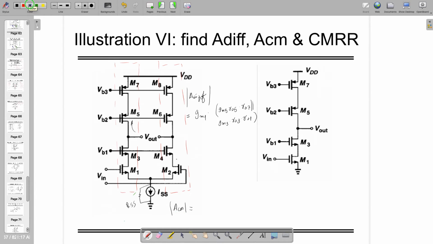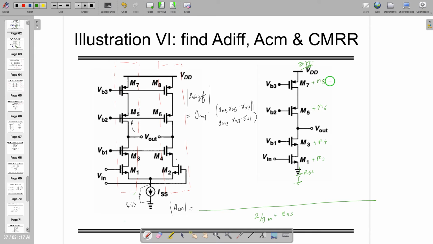Common mode gain is nothing but, so this side it's 2 by gm plus RSS, that will be there. But by looking at these two sides, I'm going to see the following things. By the way, this circuit is applicable to differential one. In this case it's like this: m1 plus m2, m3 plus m4, m5 plus m6, and m7 plus m8.